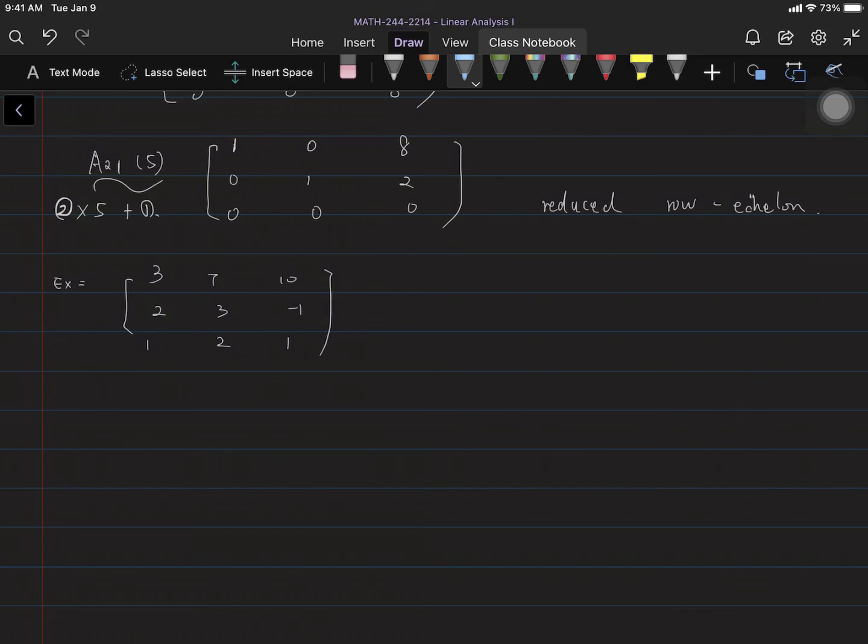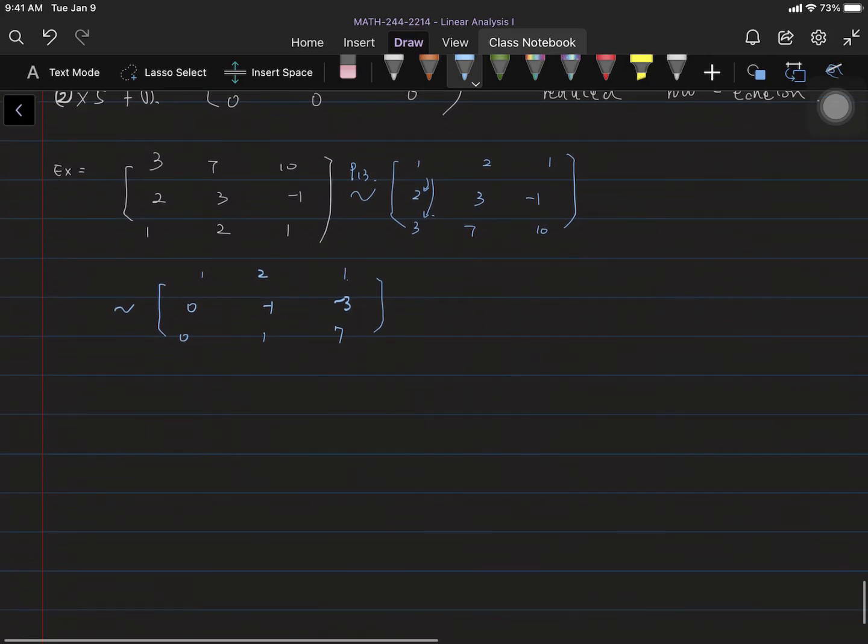Let's see. I'm going to permute row 1 and row 3, because I need a leading one. Row 2 is still the same, and then I use this one to make them into 0, times -2, times -3, times -3. -3 at there, 7.